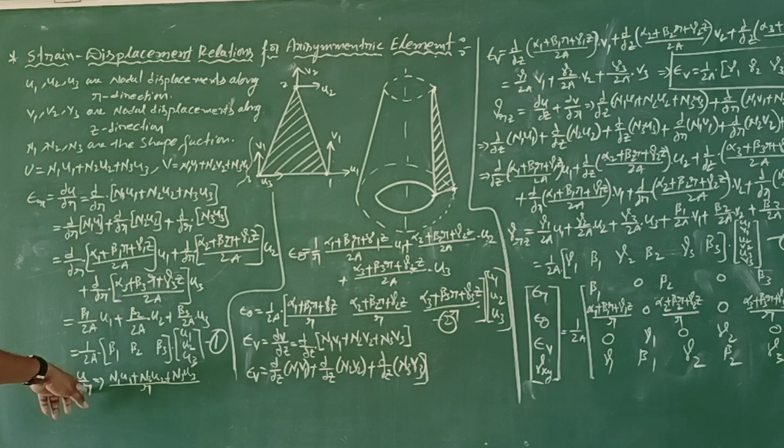In the description there is a link to the derivation, so if you want to see this relation, that is epsilon theta is equal to u by r, click on the link given in the description. So u means N1 u1 plus N2 u2 plus N3 u3, divided by r.